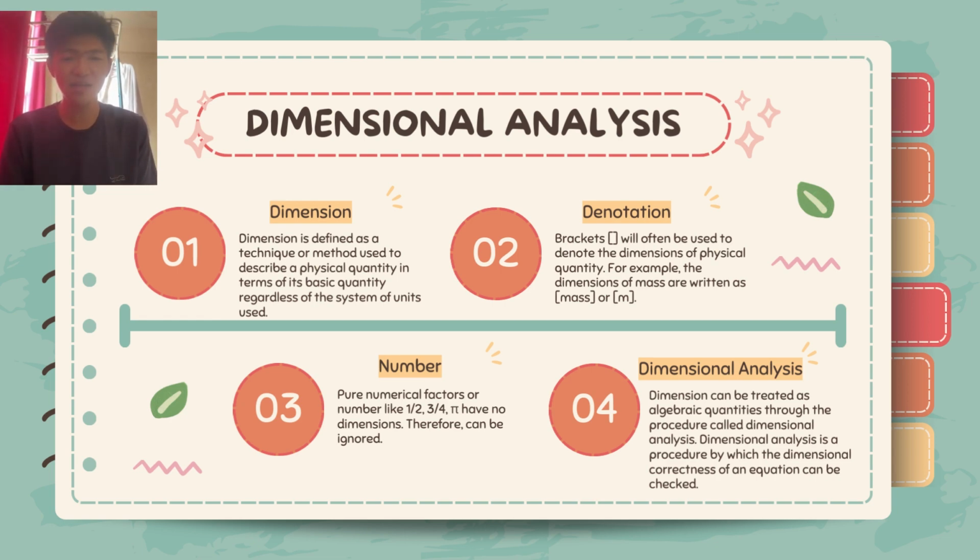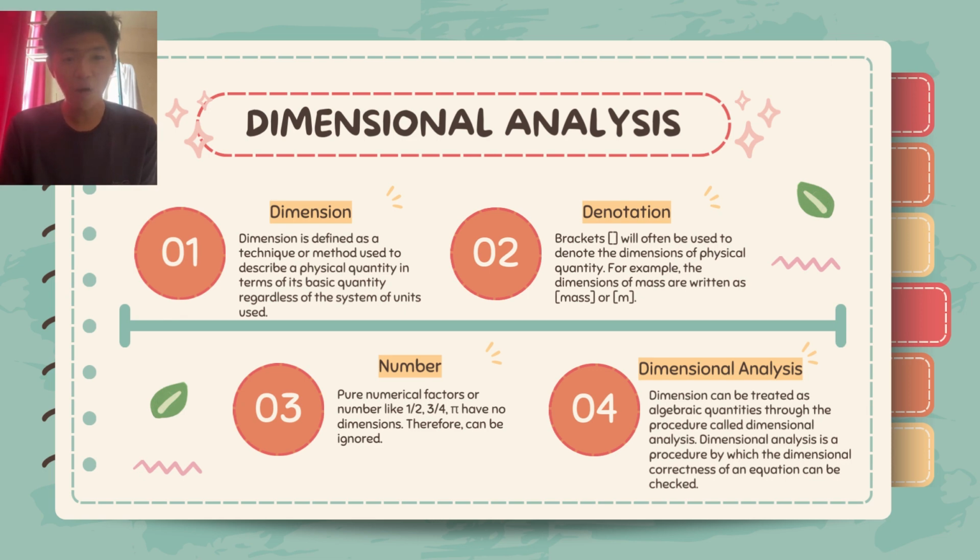You can see in this example, the physical quantity of mass is denoted as small m, and we use the bracket to cover the alphabet to denote it is a physical quantity. Pure numerical factors like natural numbers, pi, fractions, and even decimals usually will be ignored in doing the dimensional analysis because they have no dimension, or there is no physical quantity to denote them.